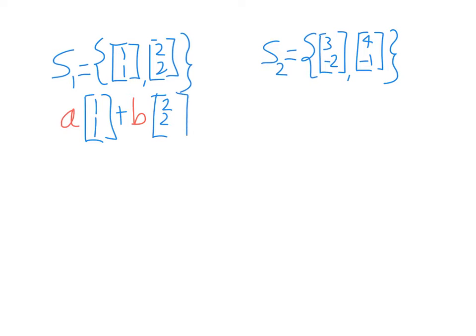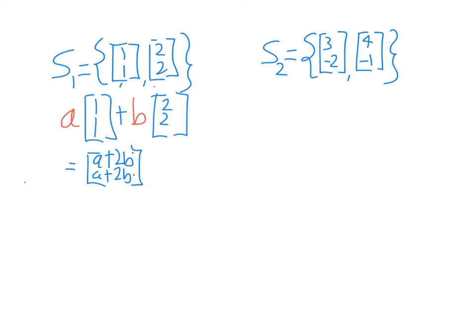If I go ahead and figure this out, I end up with a plus 2b for both the first and second elements. So any linear combination of these two vectors gives me another vector in two dimensions, in R2, where the first and second elements are the same.